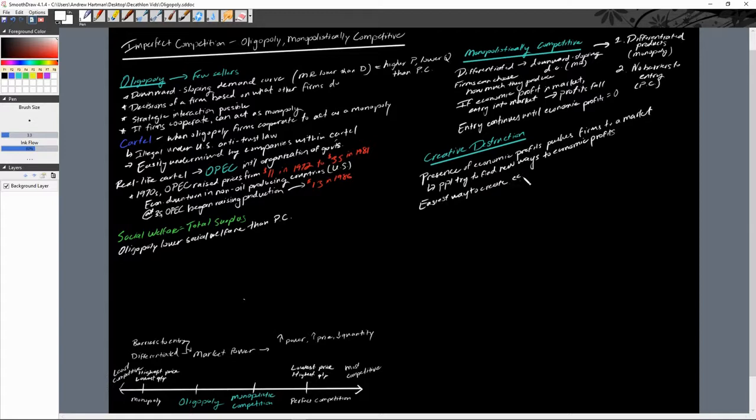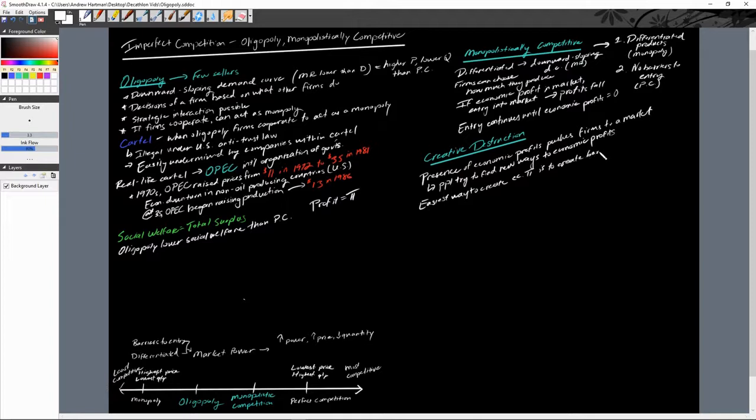I'm going to shorten this to profit, which typically equals pi in economics. The easiest way to create economic profit is to create barriers to entry.